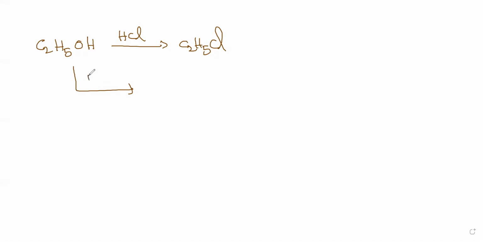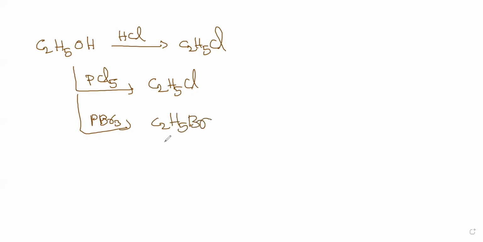So you have PCl5 giving C2H5Cl, and PBr3 giving C2H5Br. These are the usual reactions we have seen. Don't worry much about these reactions. They are available in your textbook.